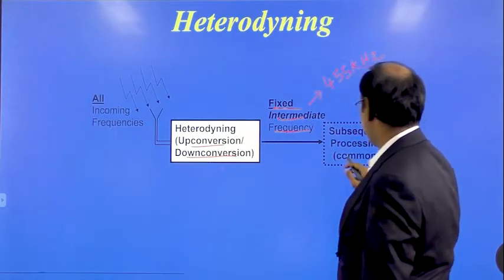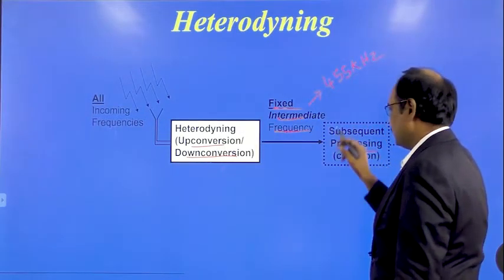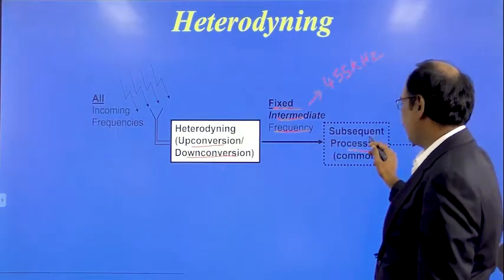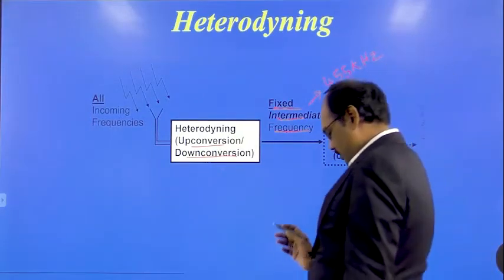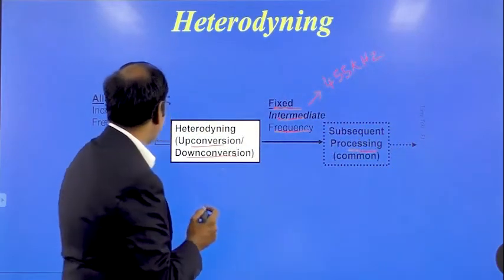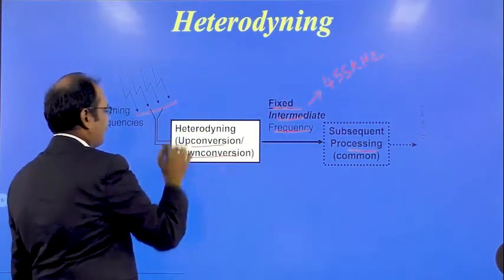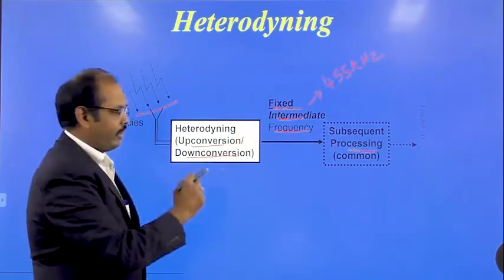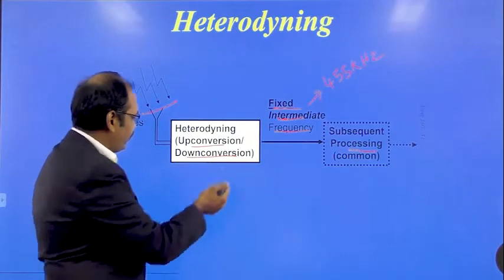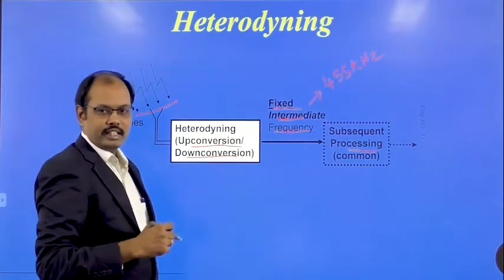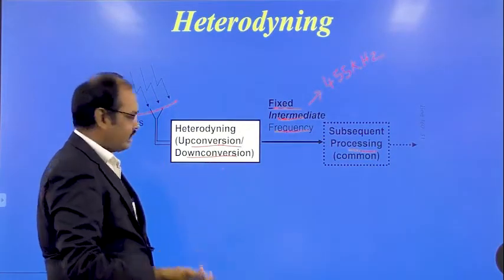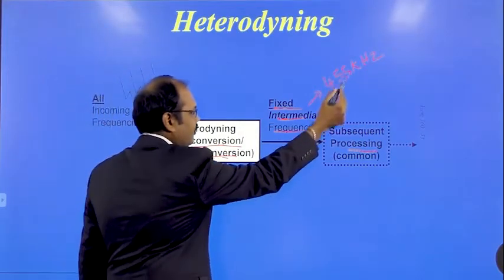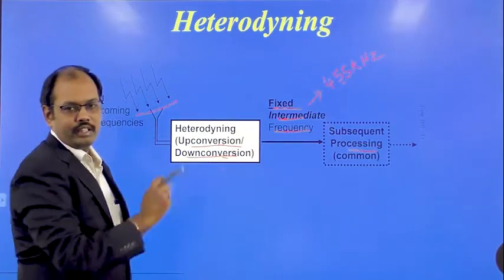Then these are the subsequent processing stages, which are all common; we have already discussed them in the TRF receiver. The basic process is that all the incoming signals are converted into a fixed intermediate frequency. Either we do up conversion, increasing the frequency, or we decrease the frequency, making it 455 kilohertz.